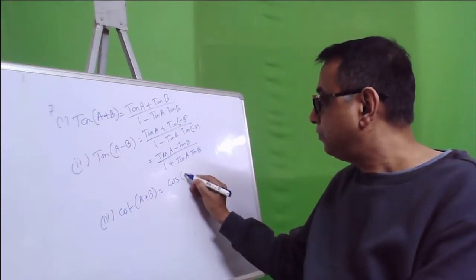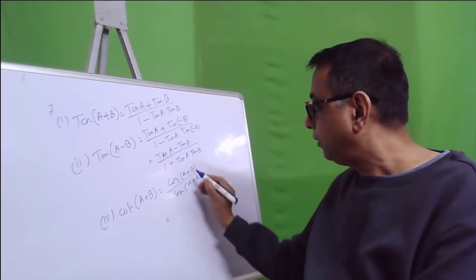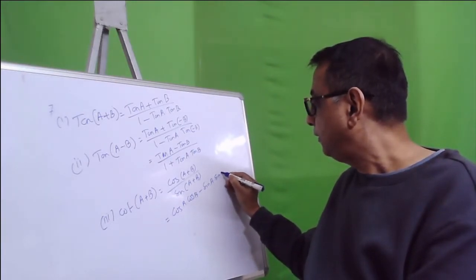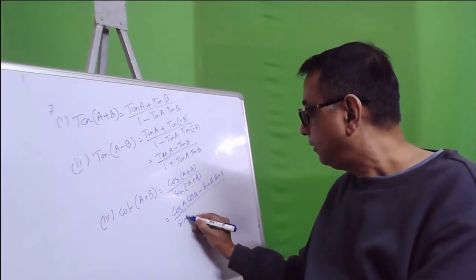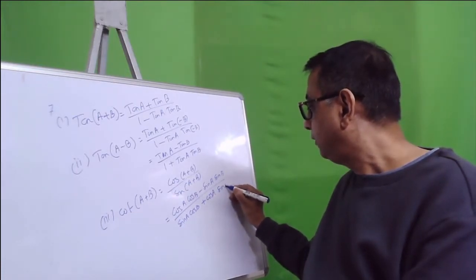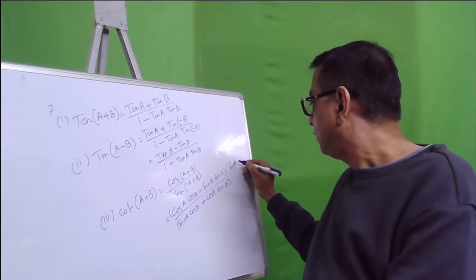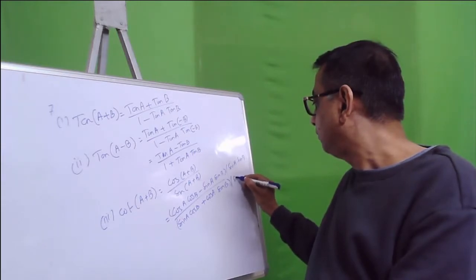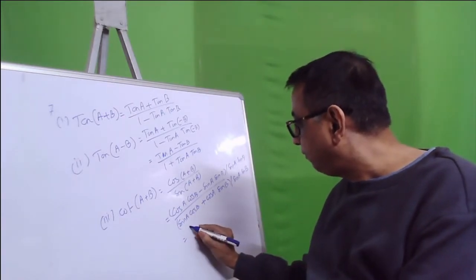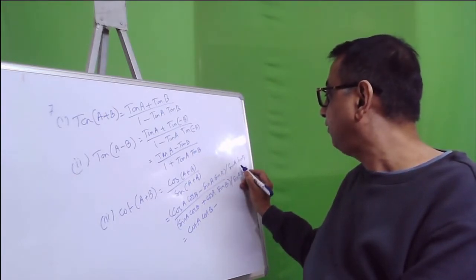This will be cos of a plus b divided by sin of a plus b, which is equal to cos a cos b minus sin a sin b divided by sin A cos B plus cos A sin B. Now both this numerator and denominator will be divided by sin A into sin B. So cos A cos B divided by sin A sin B will give you cot A cot B, minus sin A sin B divided by sin A sin B, which will give 1.